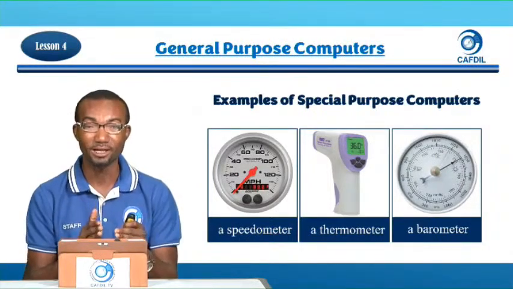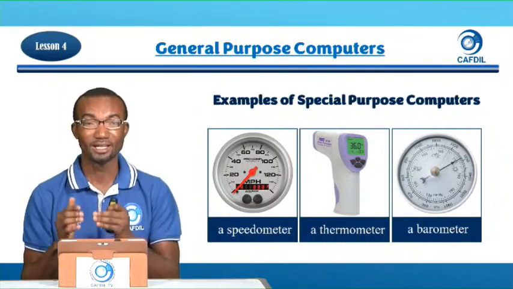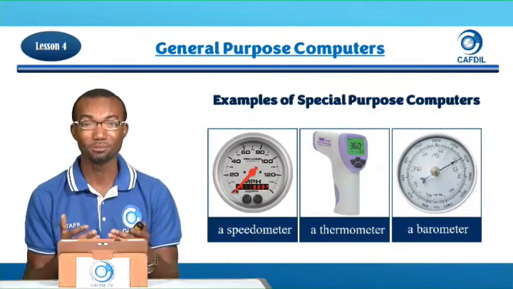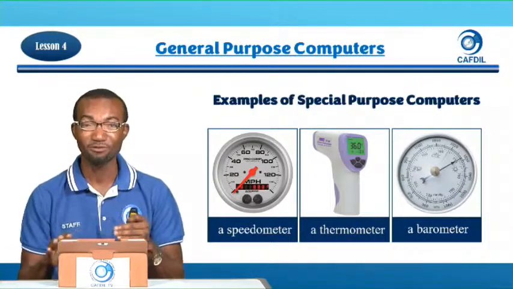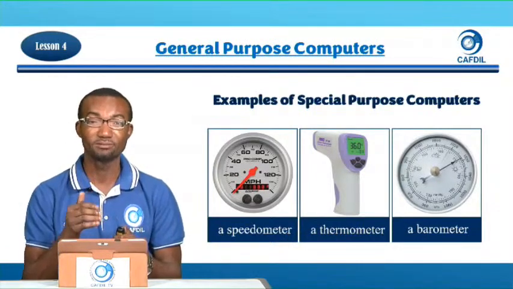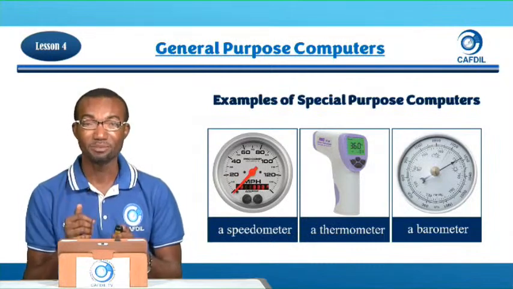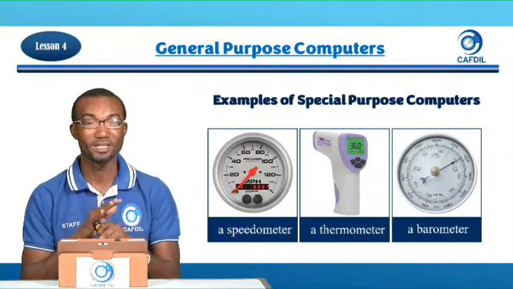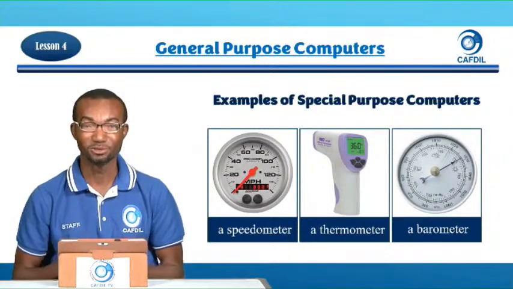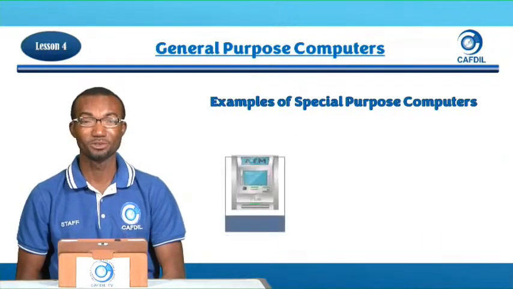So a speedometer, a thermometer, and a barometer are all examples of special purpose computers. Apart from checking speed, checking the temperature, checking the pressure, it cannot be used for any other thing. Good. Let's look at more examples.